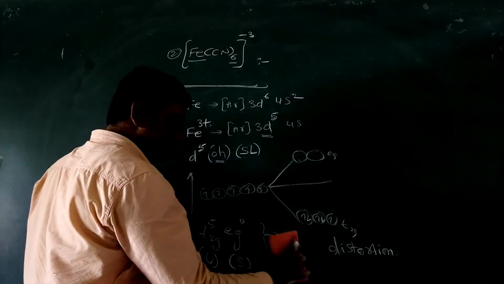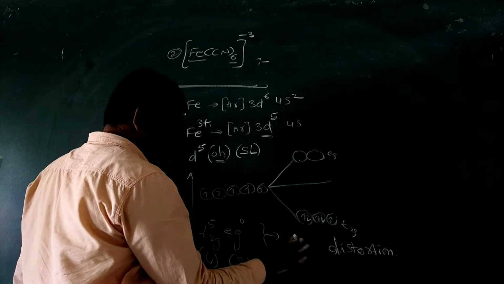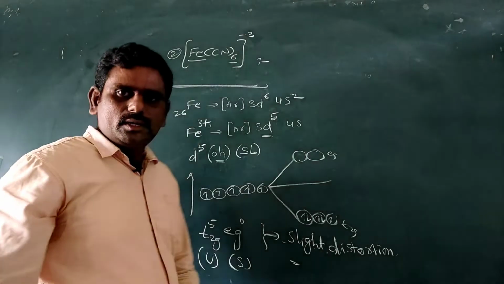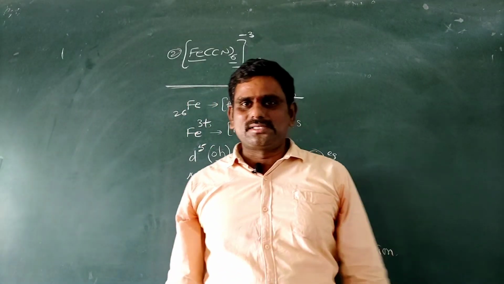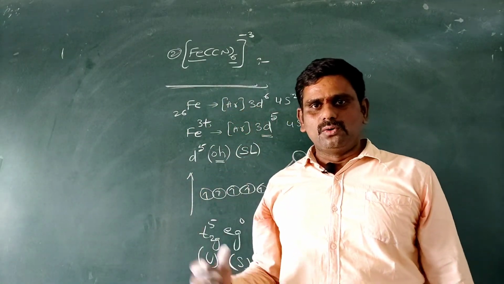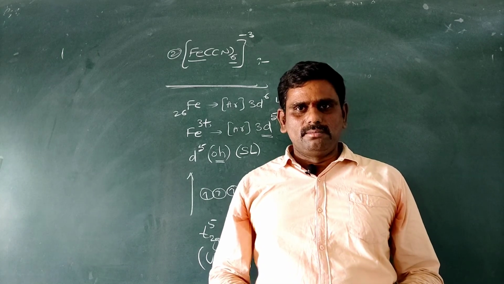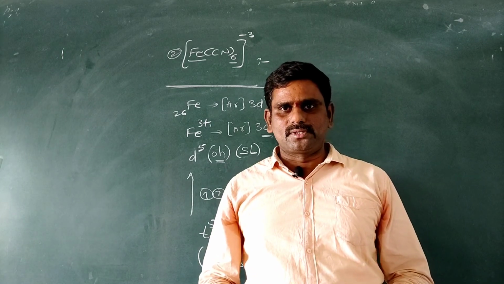Which kind of distortion? Slight distortion. I think you understand this concept. So go through Jahn-Teller distortion, and you can apply this concept to many octahedral complexes. Thank you.